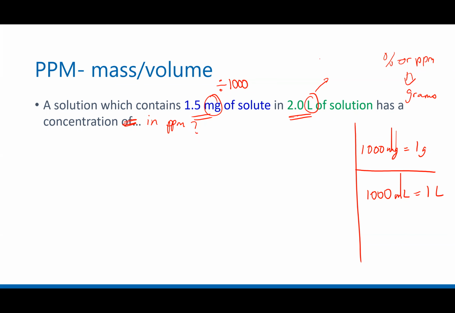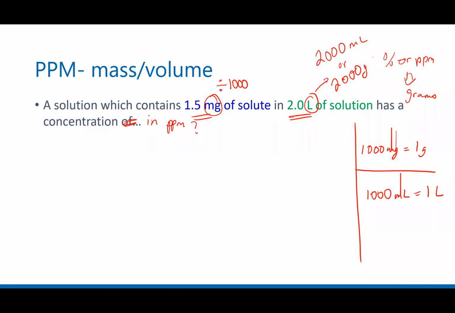So that means this is 2,000 milliliters or 2,000 grams. Remember, grams and milliliters are interchangeable, so I can just convert the milliliters to grams.